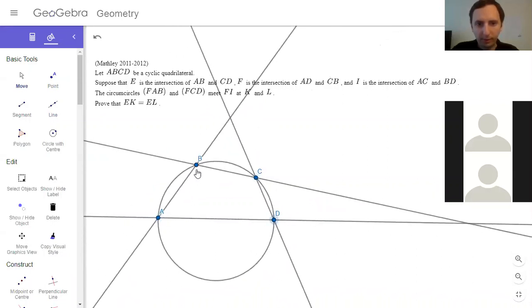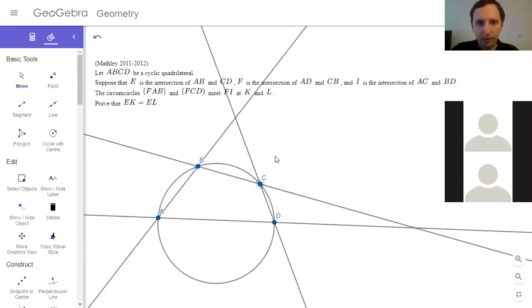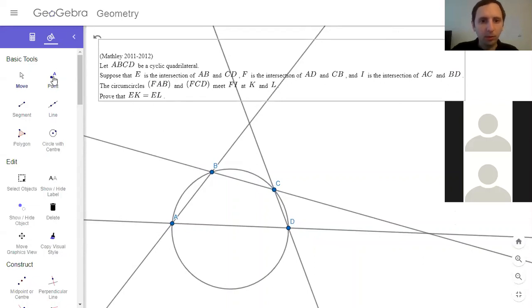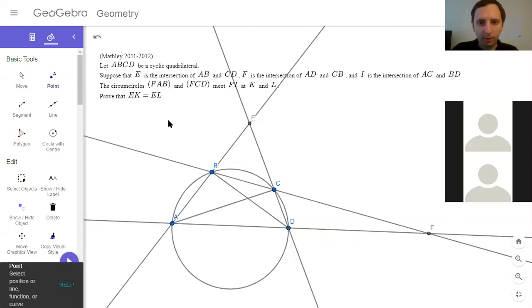This is a very common configuration with the Miquel point and all that. So here's E, this is F. I is the intersection of AC and BD.